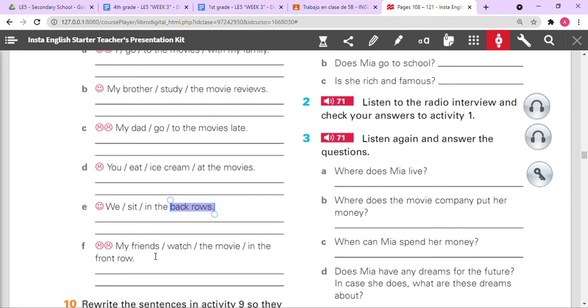My brother hates watching the movie in the front row. My friends, no, I'm sorry, my friends hate, no hates, I'm sorry, I didn't see the letter S. My friends hate watching the movies in the front row. What is front row? En la primera fila, adelante. Okay?